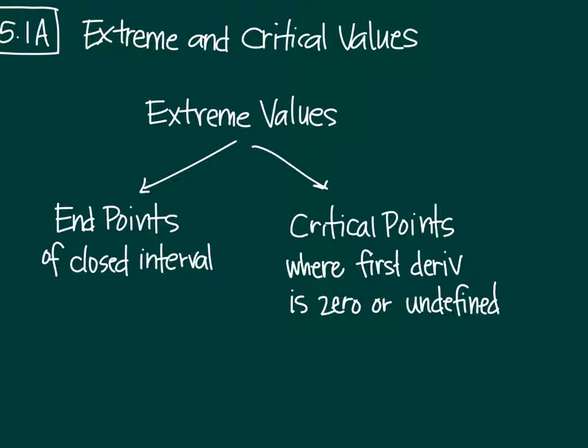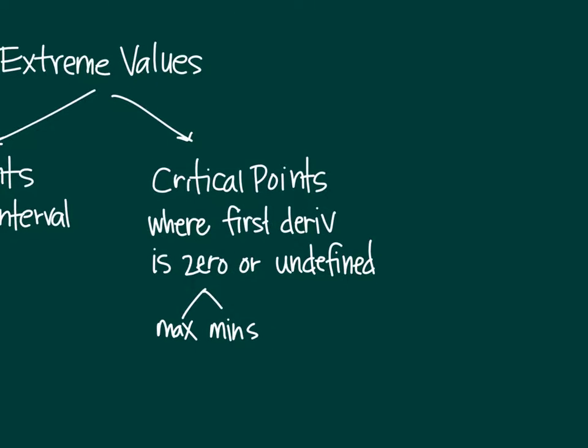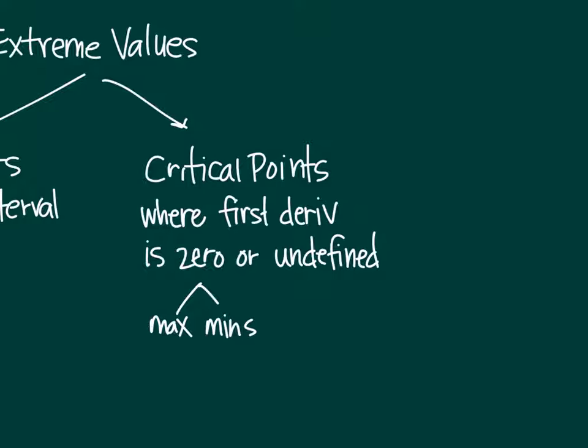And so the horizontal line at that place is either sitting on a max or it's sitting on a min. Okay, it's either on a peak or it's on the bottom of a valley. And so the 0 is going to be maxes or mins. If the first derivative is undefined, now you're talking about corners or cusps or vertical tangents.